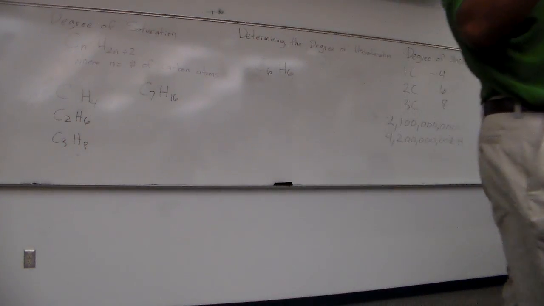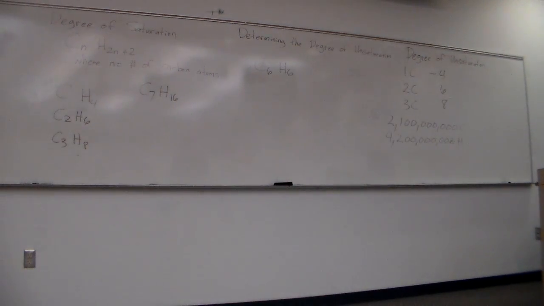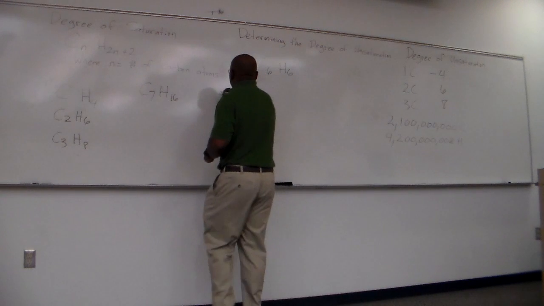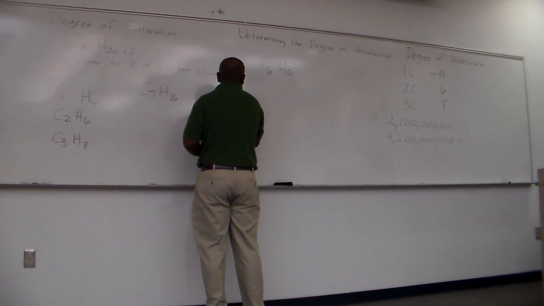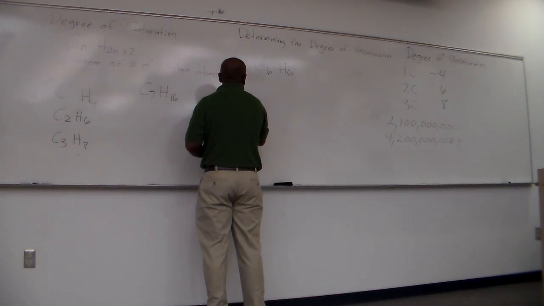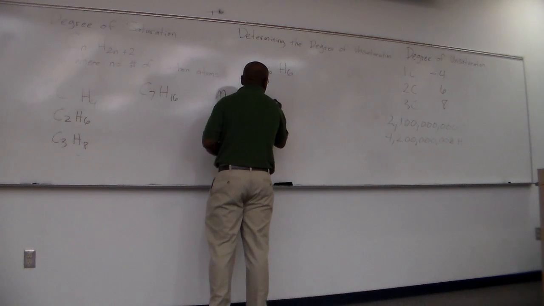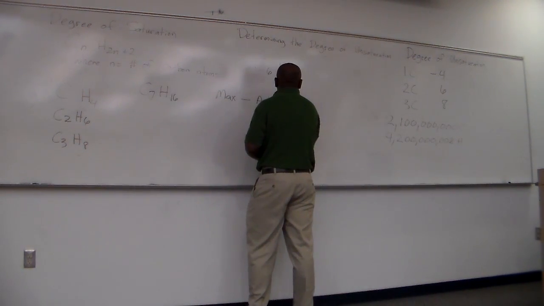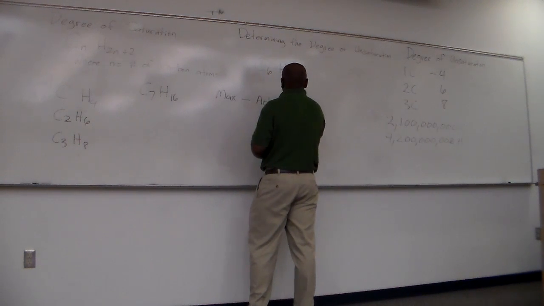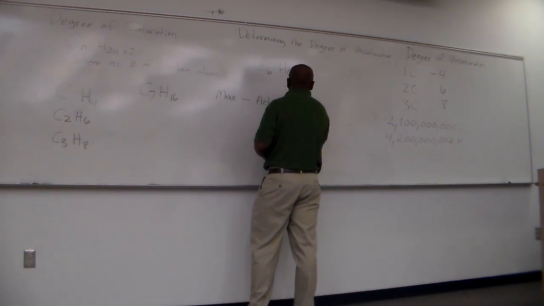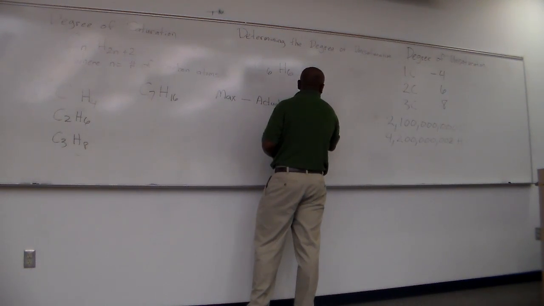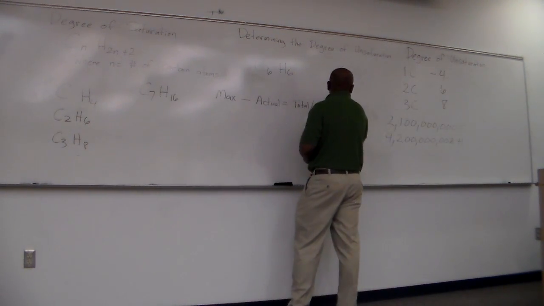What's the maximum number of hydrogen atoms around 6 carbons? 14. So you take the max minus the actual, equal total, divided by 2, and that is equal to the degree of unsaturation.